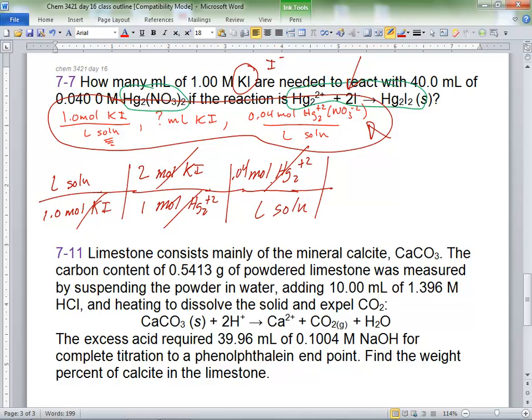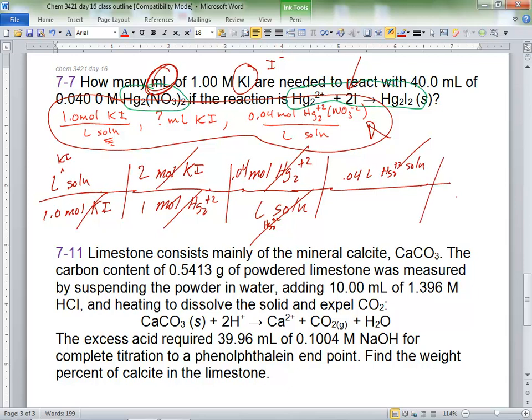Yes, because we might want to write more words on here. This is liters of the mercury 2 plus 2 solution. This is of the KI solution. Otherwise, it looks like they cancel. So it will be the 0.04 liters of the mercury 2 plus 2 solution. Might look better. Then our answer is in liters. Do they care? Oh, they care.